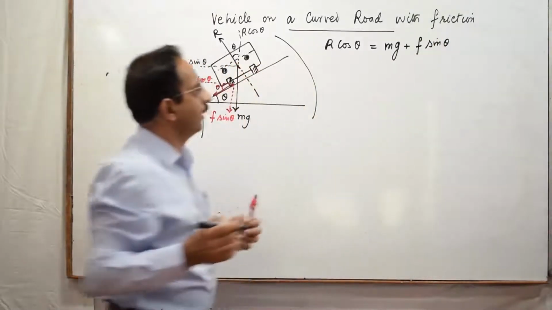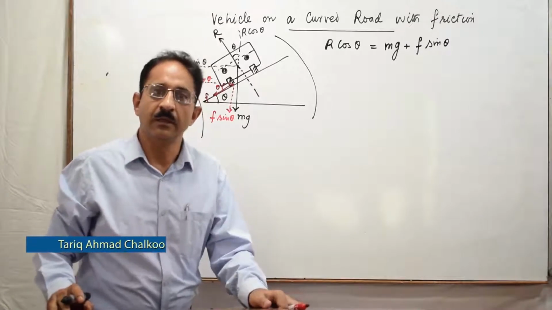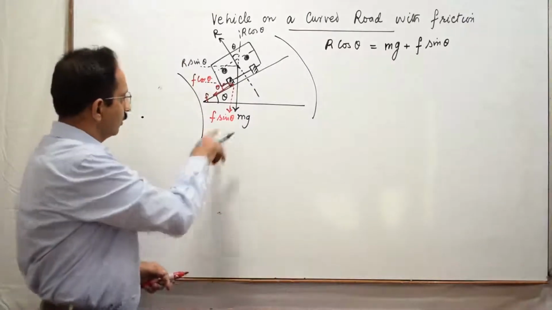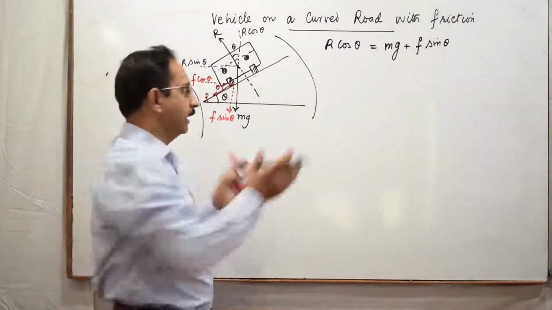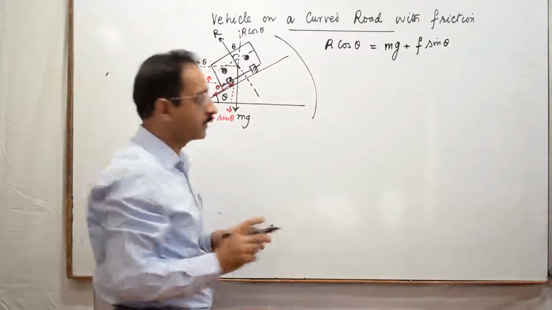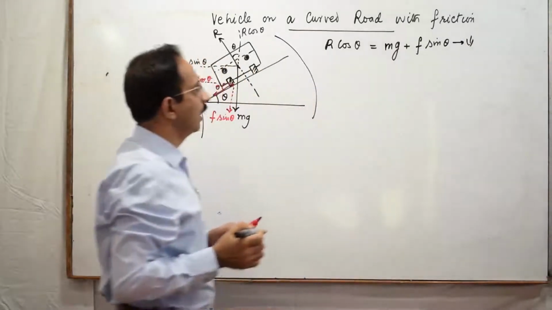F is the force of friction between the tires and the surface of the road, and theta is the angle of banking, that is, how much the outer side is raised with respect to the inner side. I call this relation 1 for this discussion.